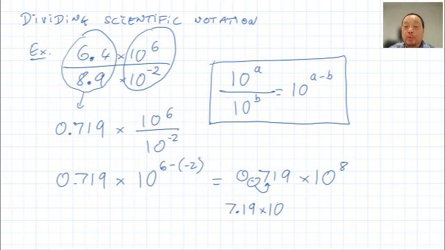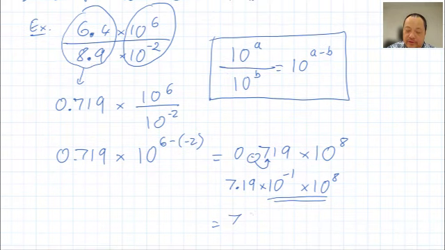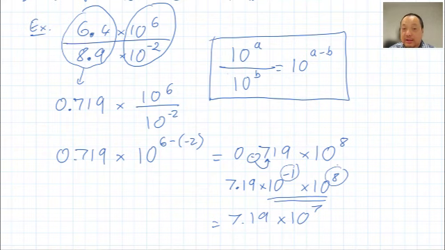I moved the decimal point by one place, but what I started with was a decimal number, so that power has to be negative, negative 1. I combine these two. Now I have 7.19 times 10 to the 7th, because now I'm adding the negative 1 plus 8 equals positive 7.